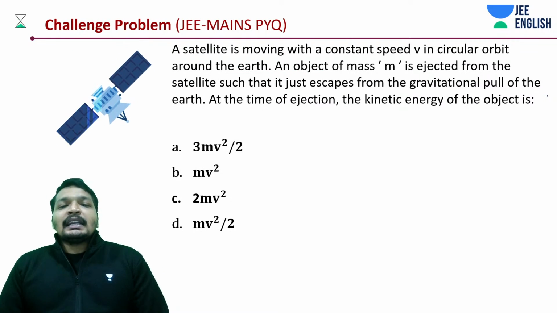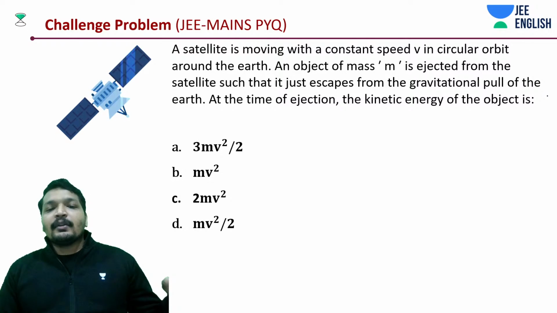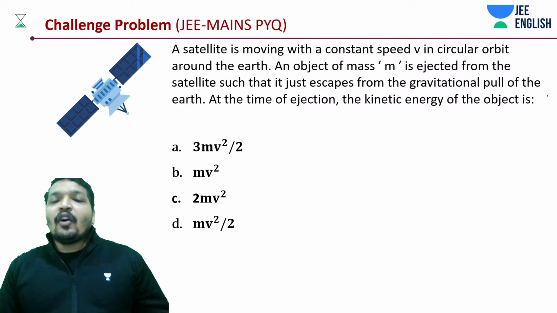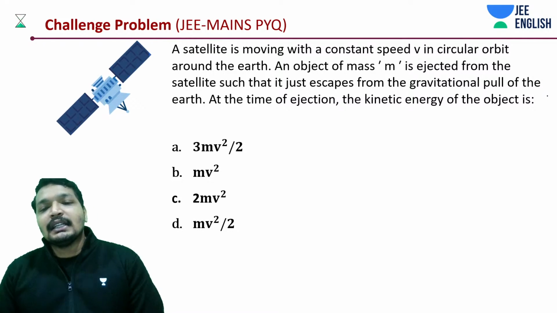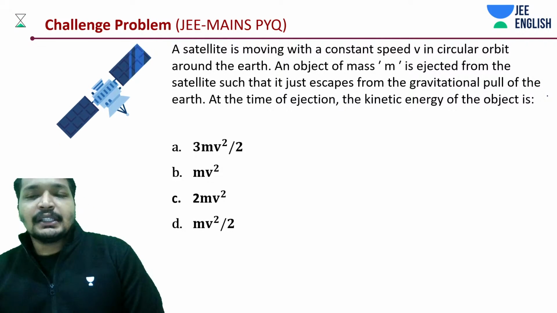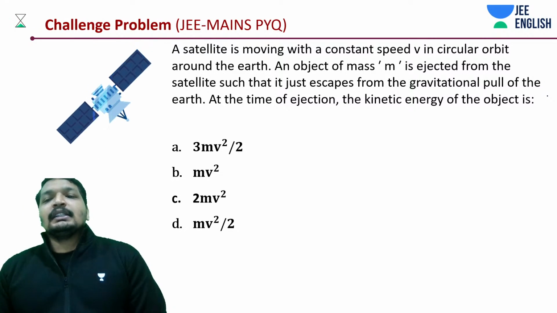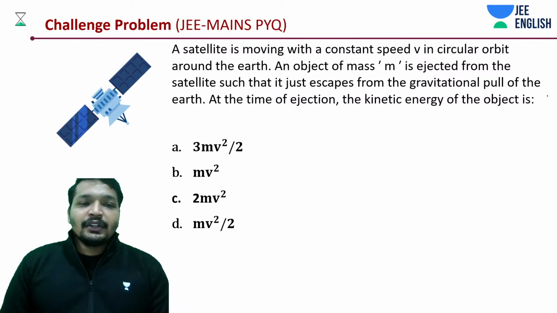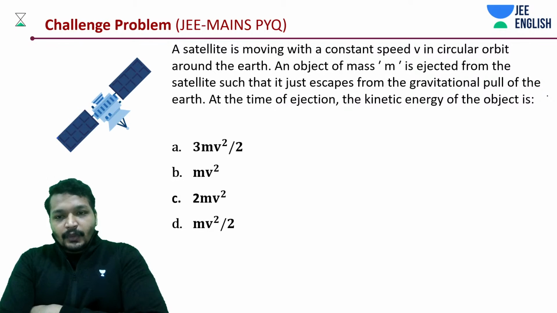A satellite is moving with a constant speed v in a circular orbit around the Earth. An object of mass m is ejected from the satellite such that it escapes from the gravitational pull of the Earth. At the time of the ejection, the kinetic energy of the object is going to be how much? A very, very interesting problem.